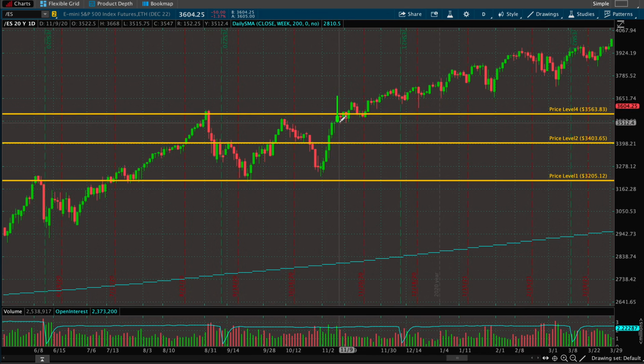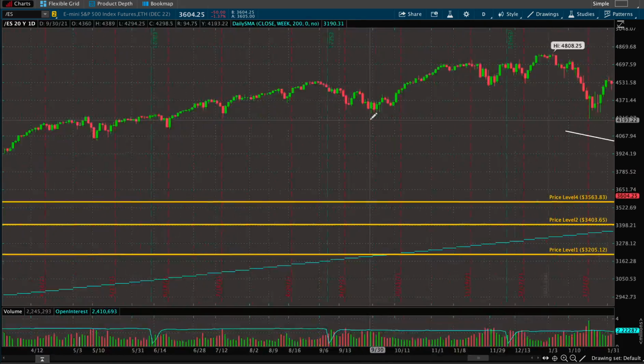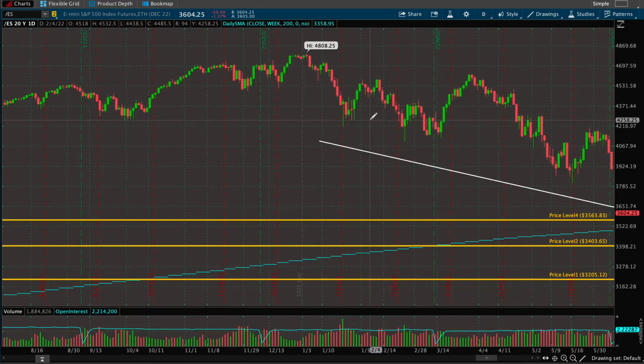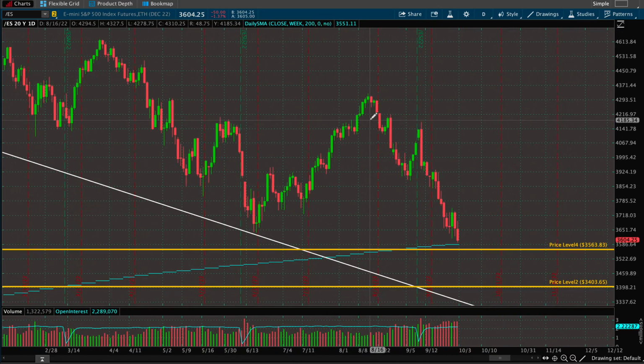So 3512 is one here, very close to that top level there. So I think 3570, 3560 to 3575 is a very crucial level.